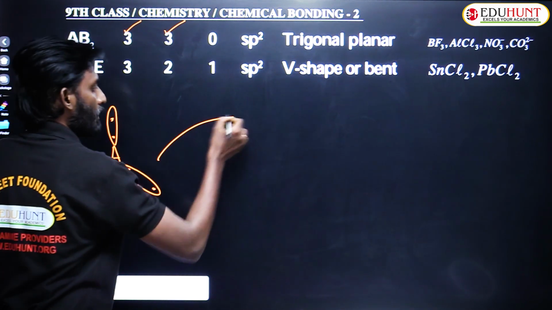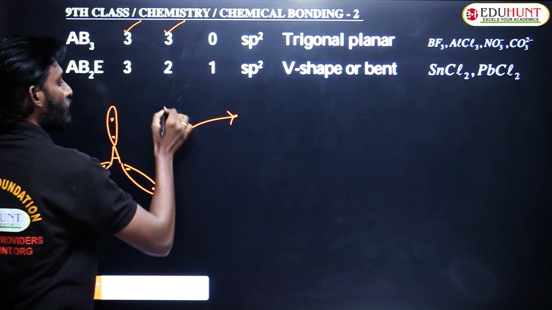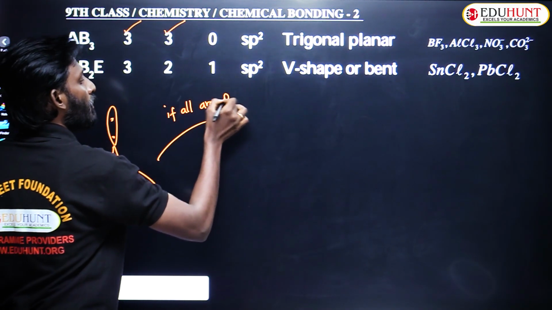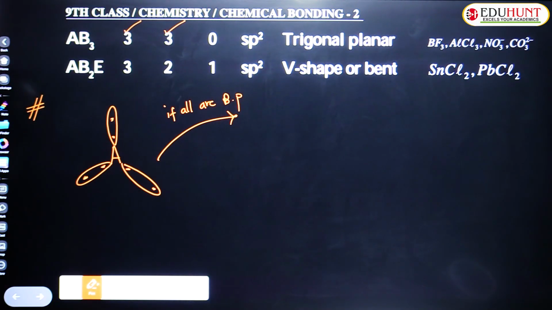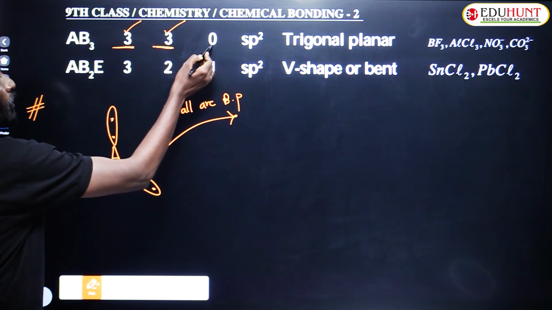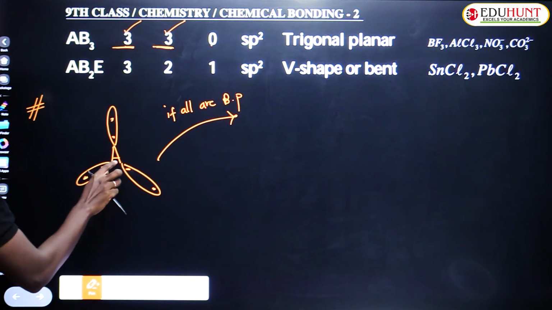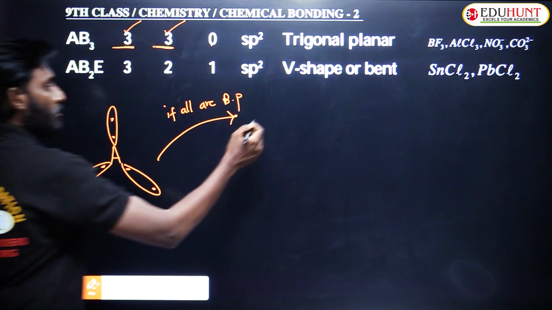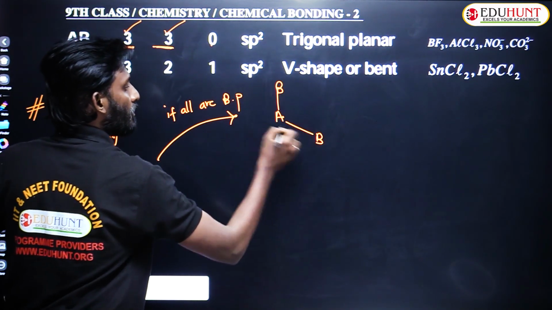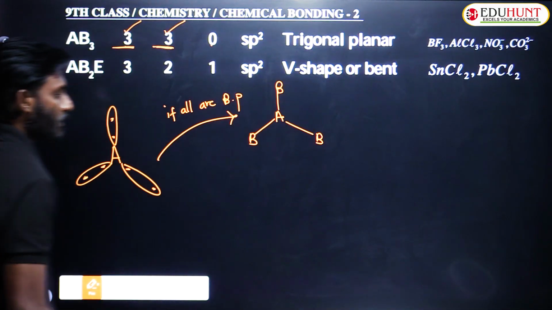The one case is if all are bond pairs. If all are bond pairs, that means there are 3 electron pairs, all bond pairs, no lone pair. Then make these electron pairs as bond pairs. Then A, B, B, B. Now what do you understand?